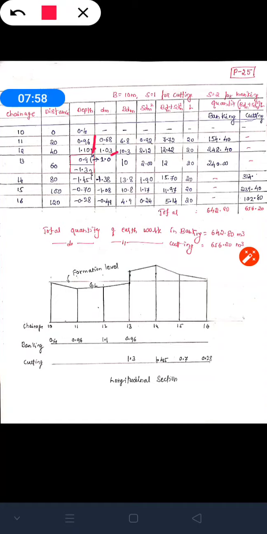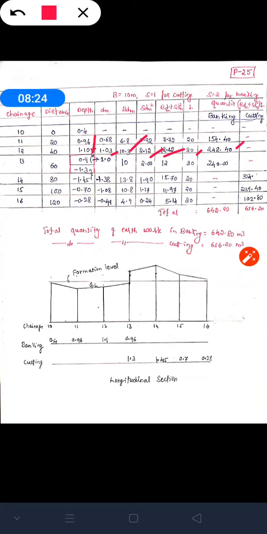Then for this 1.03 I multiplied 10, I got 10.3, and again as I told, s equals 2, and 2 into 1.03 square, I got 2.12. After adding 10.3 and 2.12, I got the total area. For this total area I multiplied 20, then I got the total quantity equals 248.40.